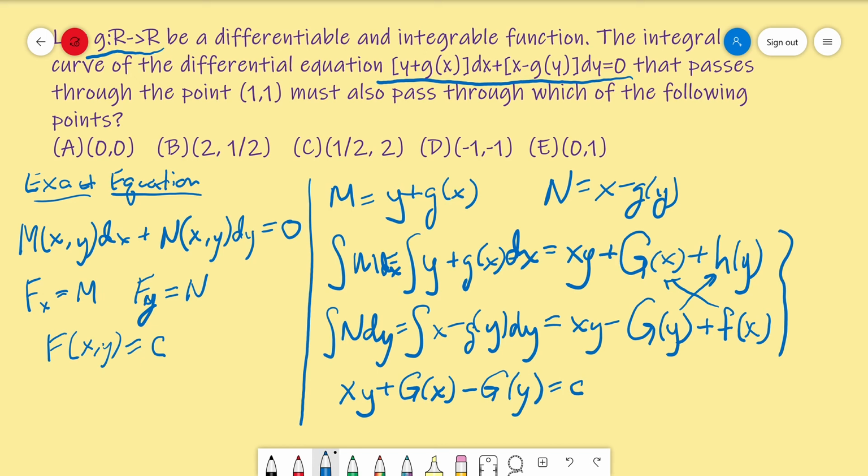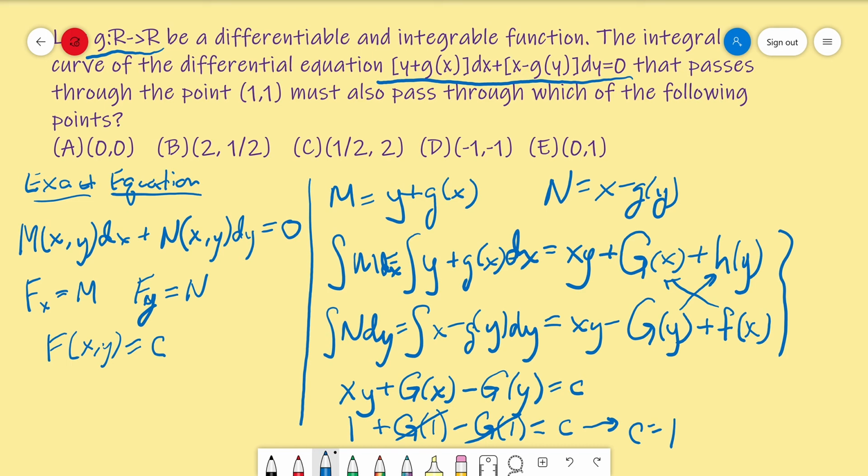Now, we are told that this curve passes through the point 1, 1. Well, the point 1, 1 gives us 1 plus big G of 1 minus big G of 1 equals C. Big G of 1 and big G of 1 just cancel out, and so C has to equal 1. So the question now is, what other point can this integral curve go through?